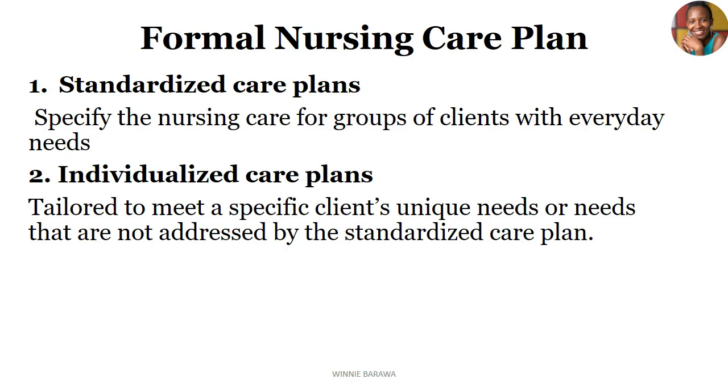However, with individualized care plans, you do a care plan that is tailored to meet the specific client's unique needs and does not address all the patients. You may have a care plan using the same format for all the patients, but here you have tailored it in such a way that you're taking care of one specific patient at a time.